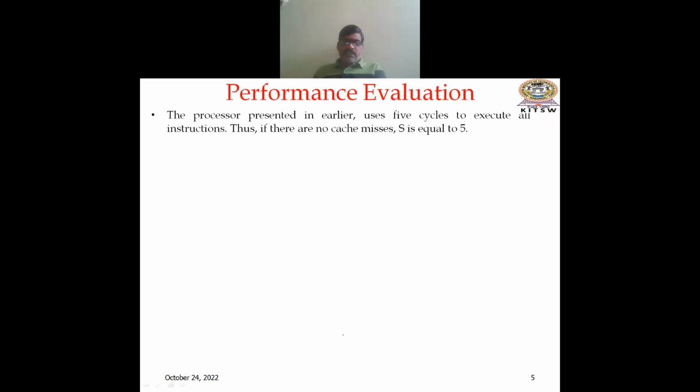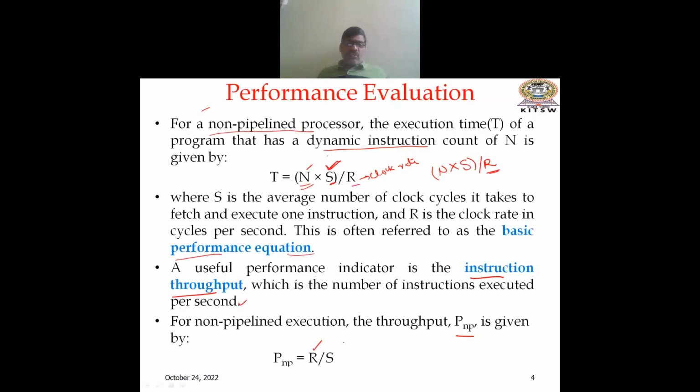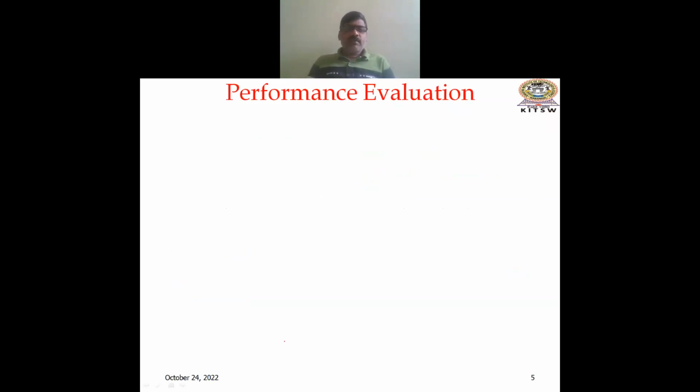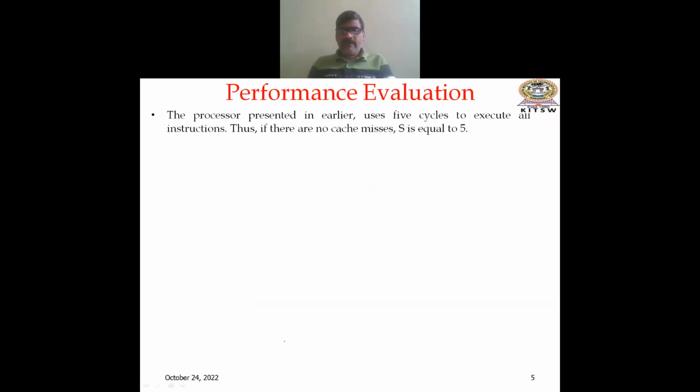For a processor which is not pipelined, the throughput is nothing but the clock rate R divided by the average number of clock cycles S. Next, coming to the processor presented in the earlier chapter, we already had a discussion regarding how the instruction execution takes place. We are all familiar that there are 5 cycles to be followed by an instruction to execute.